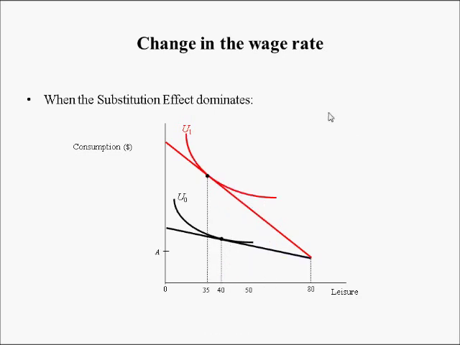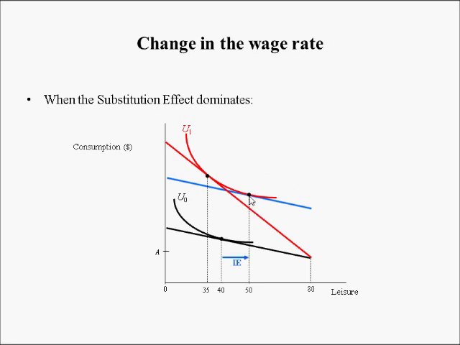Now, when the substitution effect dominates, we again move from the original budget line to the new indifference curve. This height, from here down to here, is the amount of income the worker would need to be indifferent between that amount of money and the increase in the wage. That's why we call it the income effect.